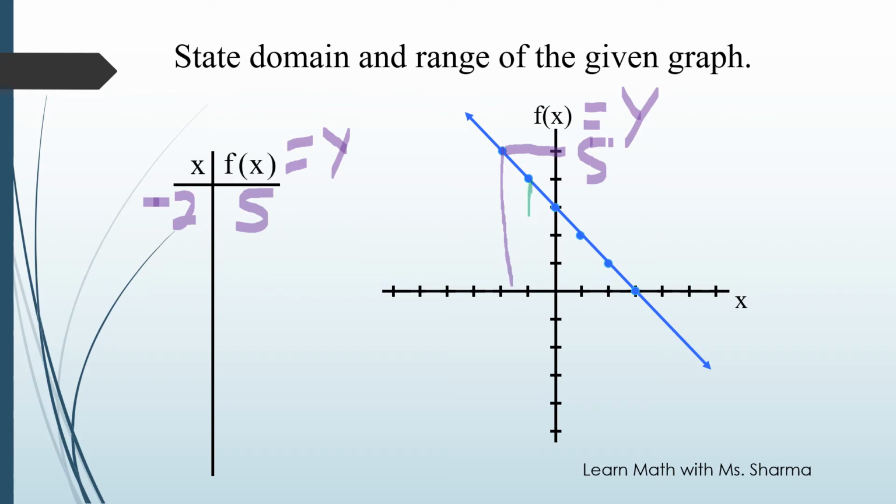When your x is -1, f of x is 4. -1, 4. When your x is 0, f of x is 3. 0, 3.